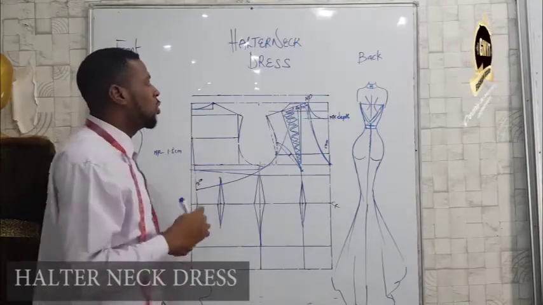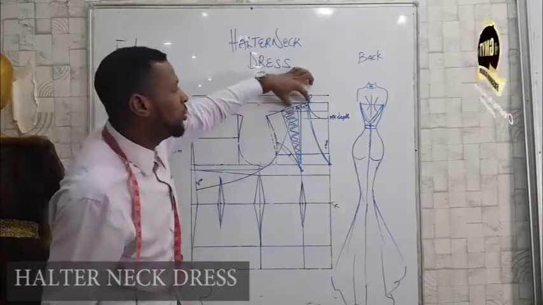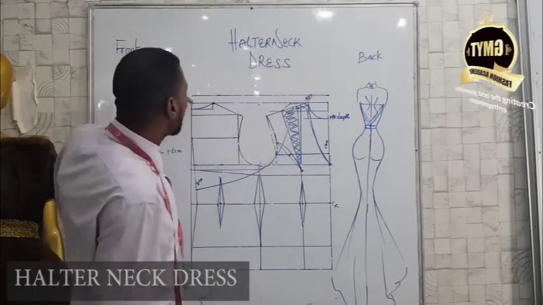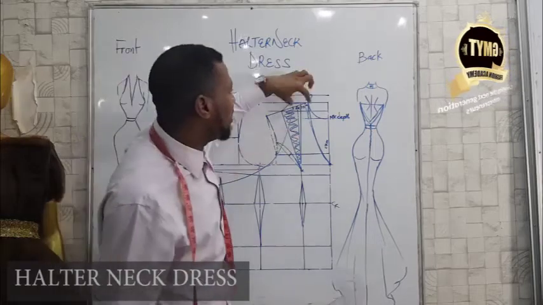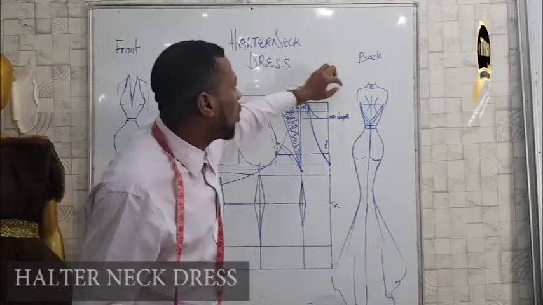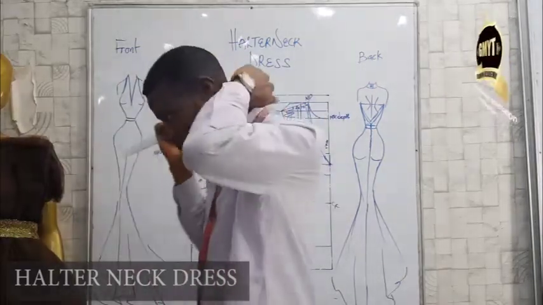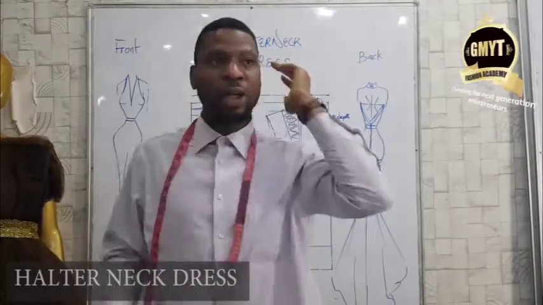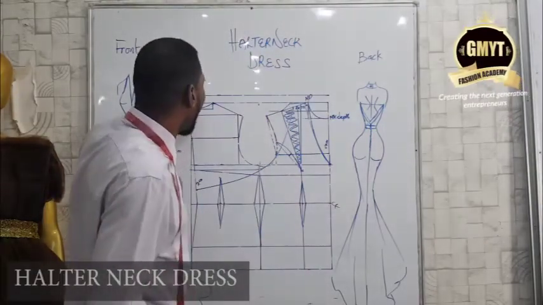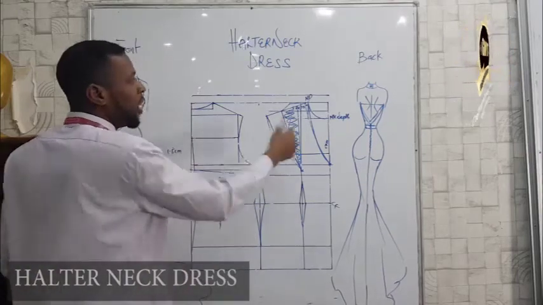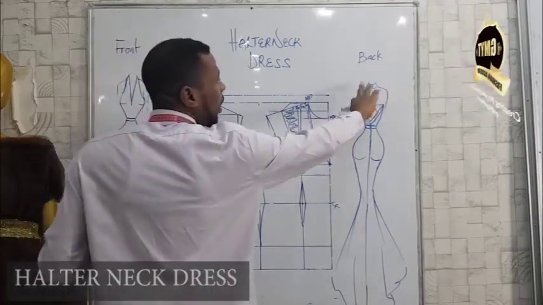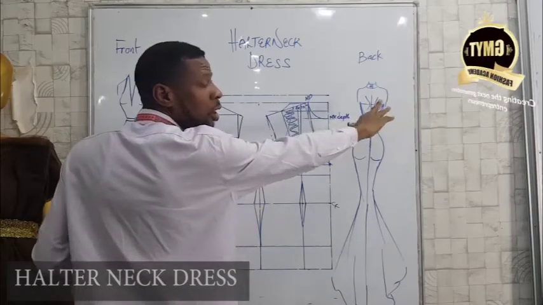Now let's continue. There is something that happened on this strap, this 6 cm. We are supposed to do the same thing on this back pattern so that the extended part of this halter neck can lap to the back. And how do you do it? You need to also add up this part of the neck, because already all these parts are going off, and just like you're seeing, this is a bare, exposed back on this drawing.